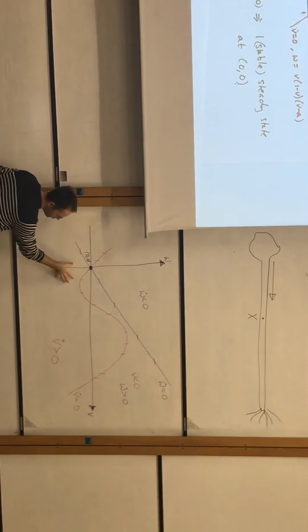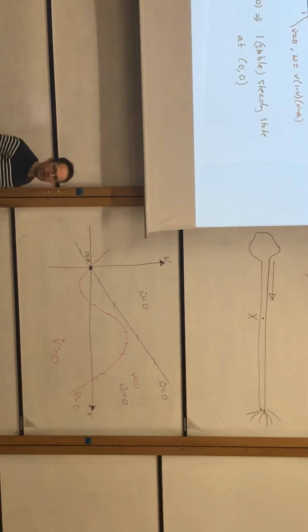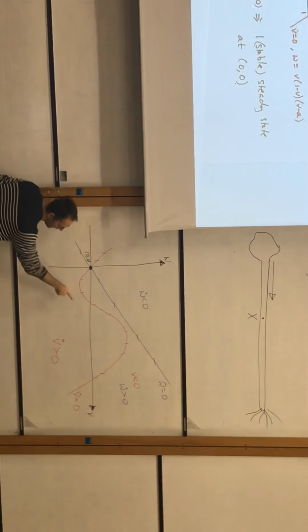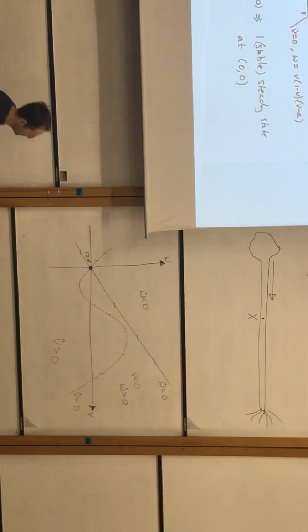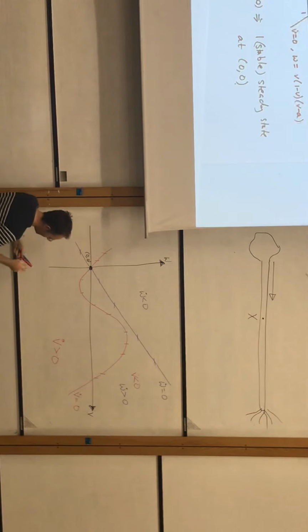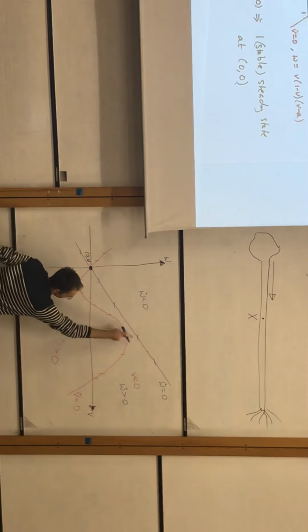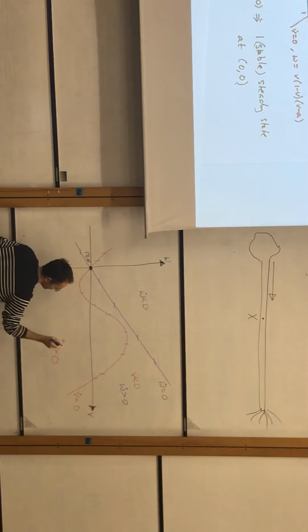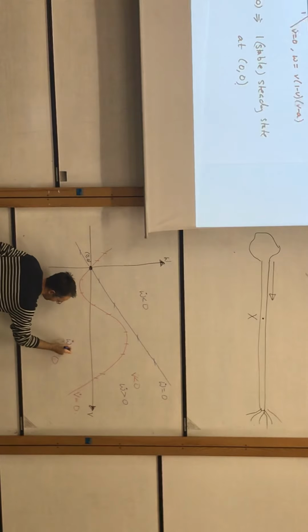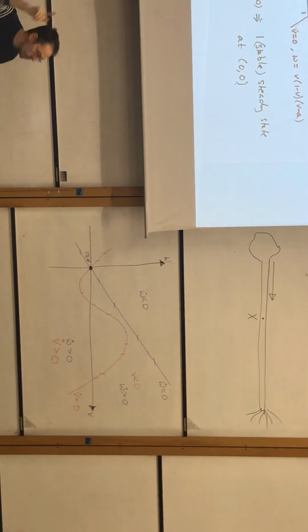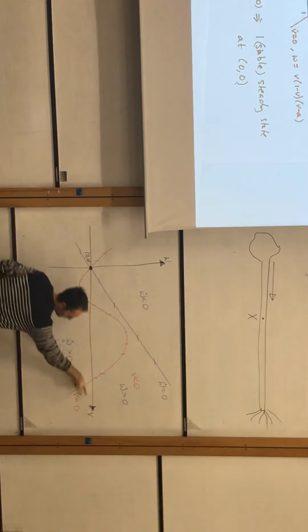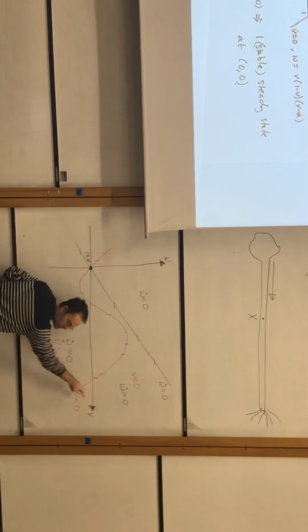So in this region, we're below the W null cline and we're below the V null cline. So V dot is greater than 0. We're also below the W null cline, so we also have W dot greater than 0. So we're increasing with respect to V, so we're going to be moving towards the right.